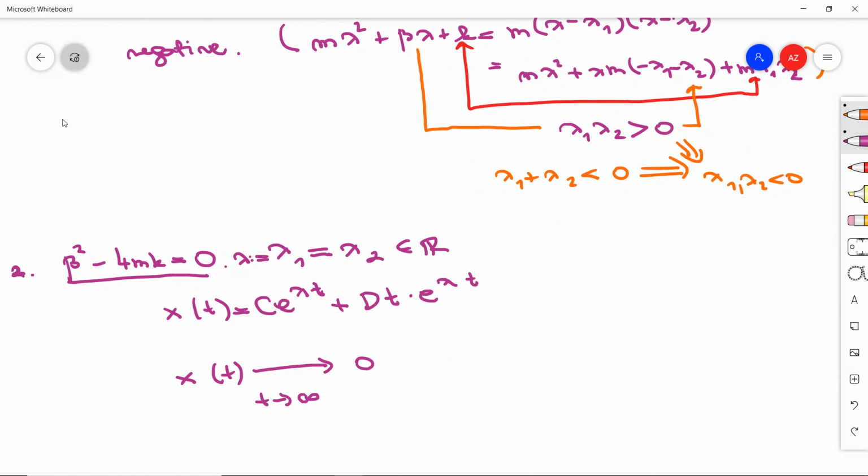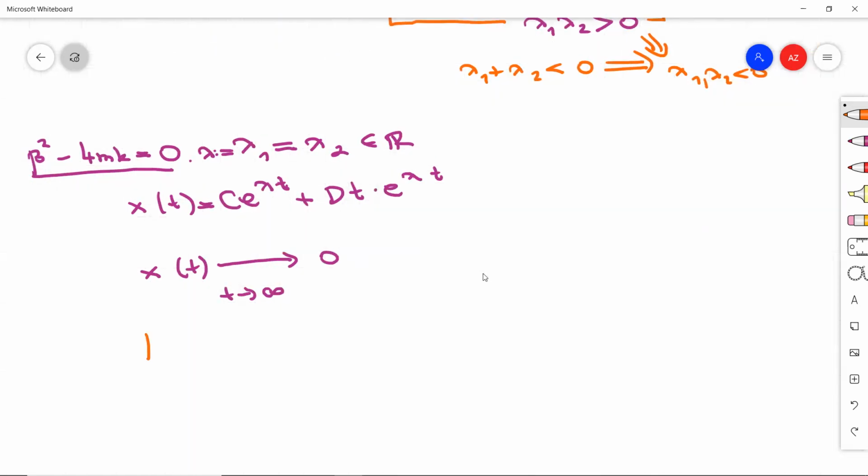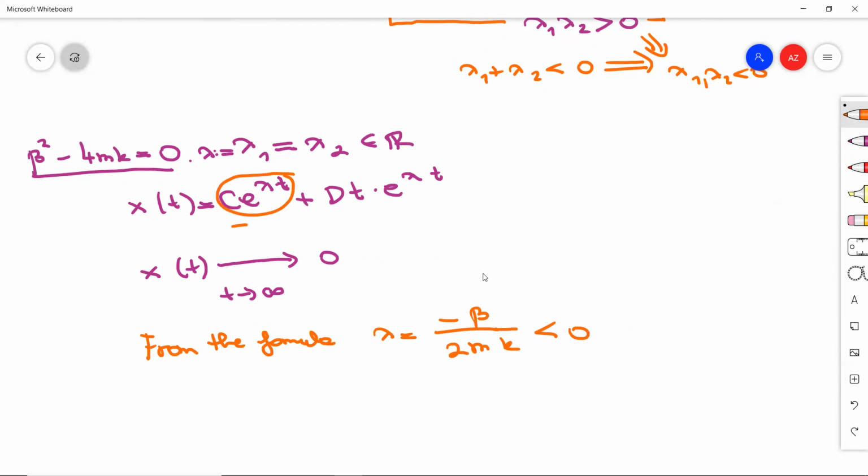So how do we know that x of t really goes to 0? Yes. So again, we see from the formula that lambda is minus beta over 2m, so it's negative, which means that this first part goes to 0.